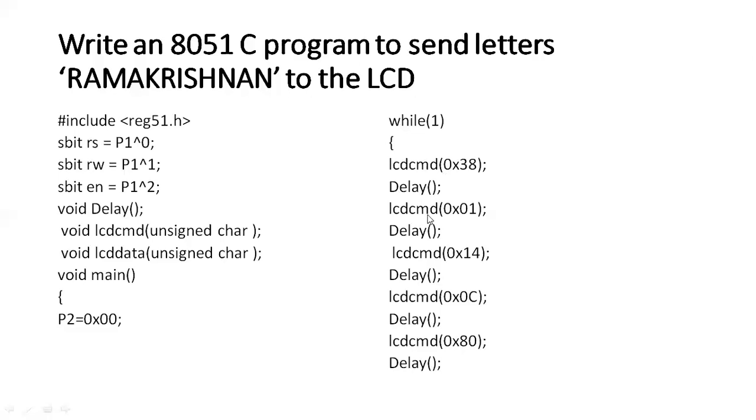The next one is LCD command 0x01, which is clear. Then 0x0E is cursor on, with delay, and one more command, LCD command 0x0C. So this will start from the right side onwards.